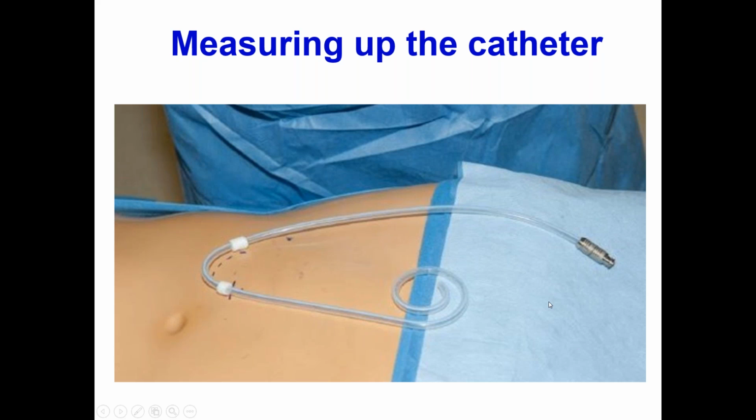This diagram is slightly misleading because clearly you would not do it in an unsterile way like this. But in the operation theatre, before the catheter is inserted, the surgeon has to determine where the exit site for the catheter will be, so that they can be sure the correct length of the catheter is obtained and the tip is as deep in the pouch of Douglas in the pelvis as possible.